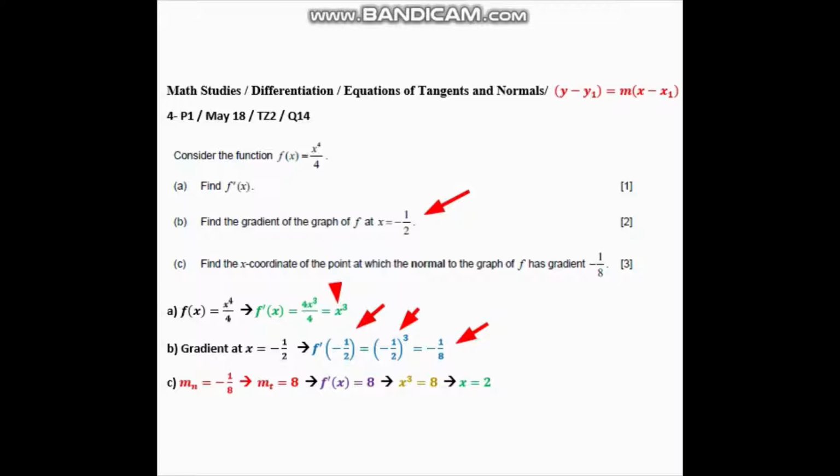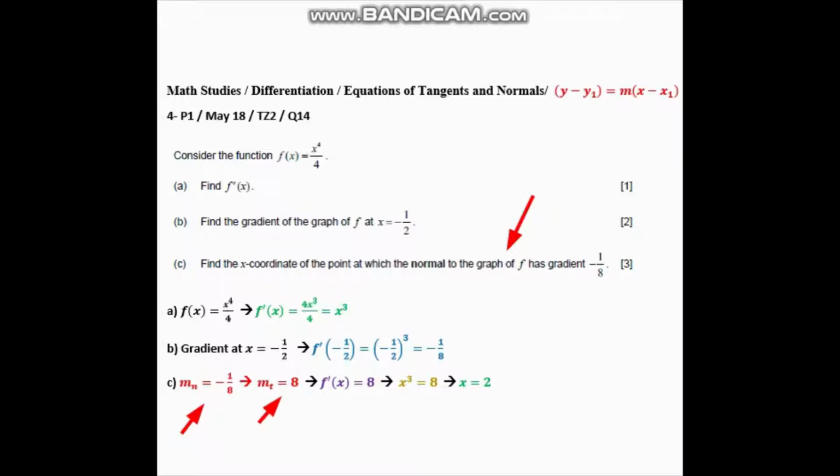In question C, I'm required to find the x coordinate of the point at which the normal to the graph has gradient negative 1 over 8. So if the normal has a gradient of negative 1 over 8, I can infer from this that the tangent has a gradient of positive 8.